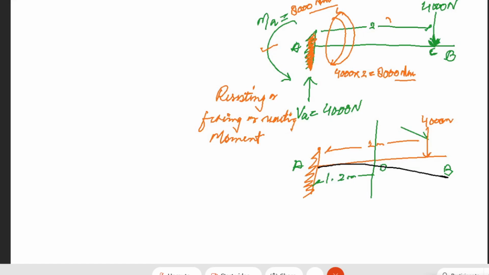Now, if the beam material fails, what can happen at any point? Shearing off. Let's say this was the first part, and this is the second part of the beam. This load 4,000 Newton.